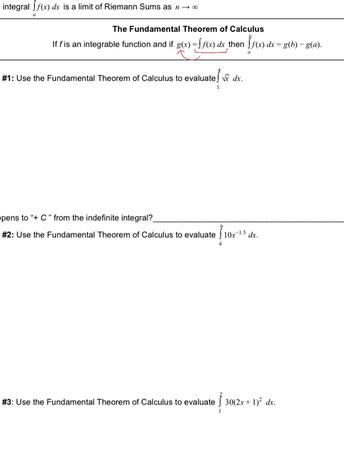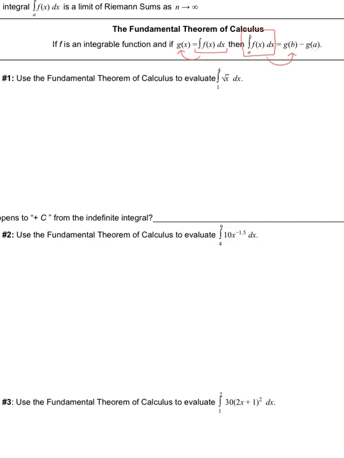And over here, this is a definite integral, and the answer to a definite integral is g of b, your upper limit of integration, your right endpoint, minus g of a, your lower limit of integration, your left endpoint.